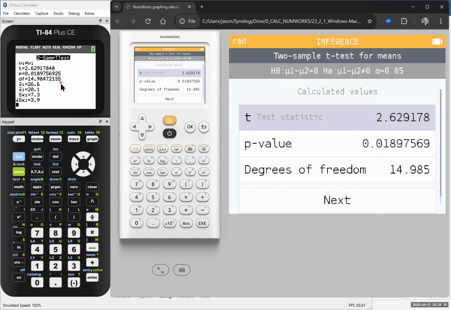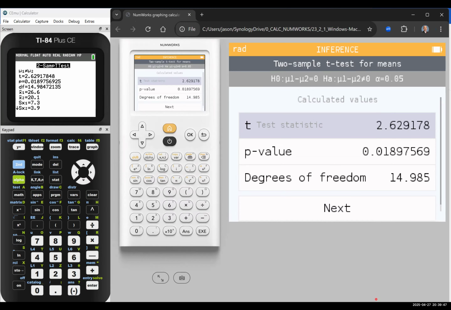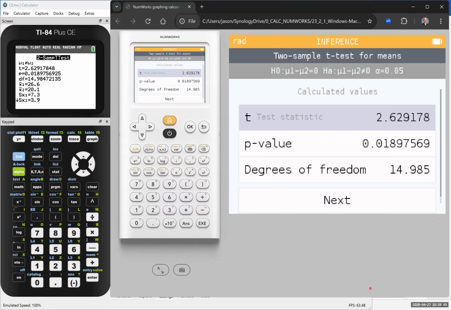Yep. Okay, 0.019, 0.019, and 2.629. Degrees of freedom, 14.985. Okay, so let's put that information in.